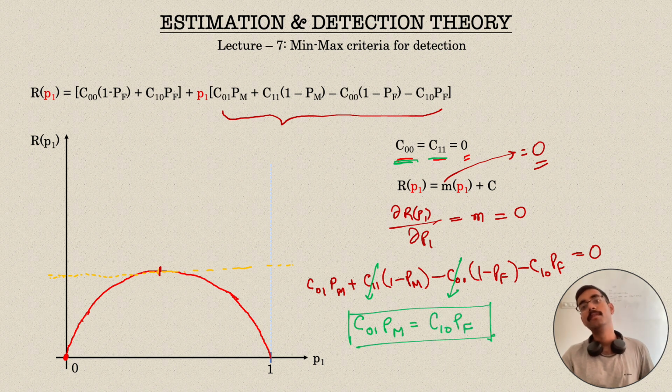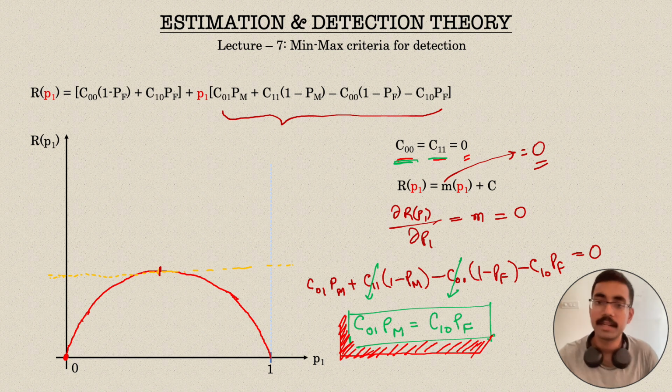This particular expression that we get is called the min max criteria, because we develop the entire thing in terms of conditional probability and the cost. We have the conditional probability and the cost, so we can bring up this criteria.